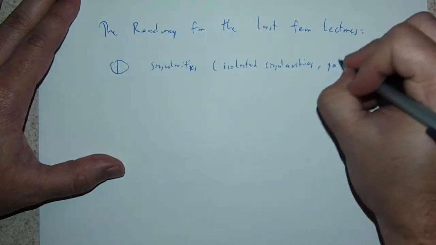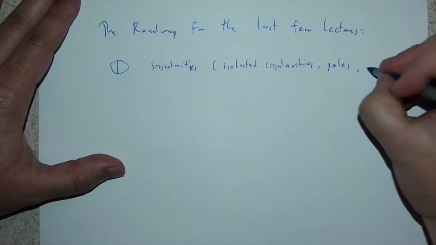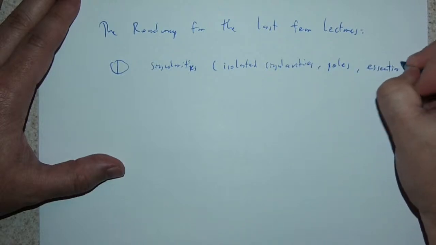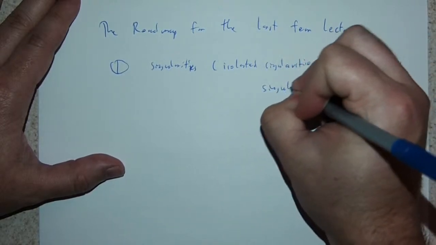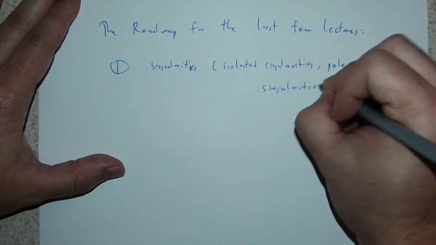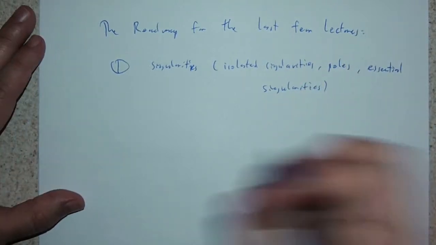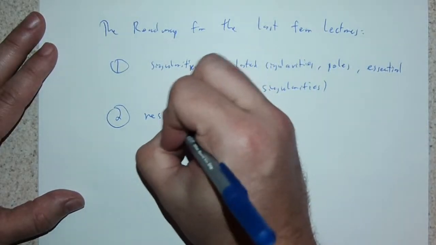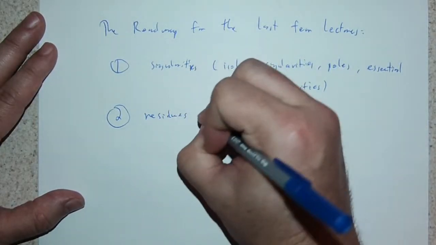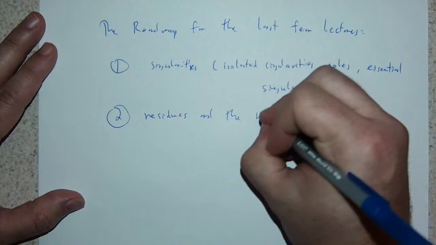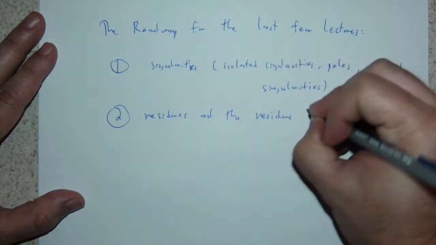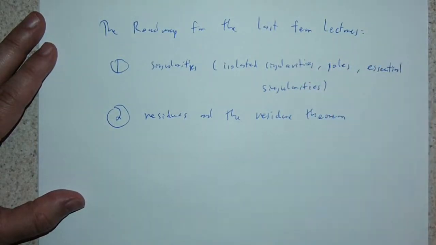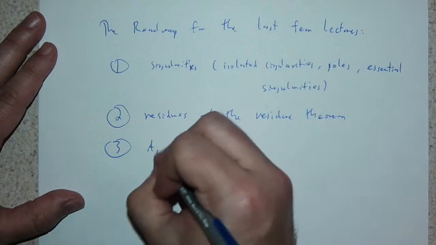We want to talk about what we're going to call poles. We want to talk about essential singularities. So we're going to talk about all those. Next, we want to talk about residues and the residue theorem. And then last, we want to apply the residue theorem.